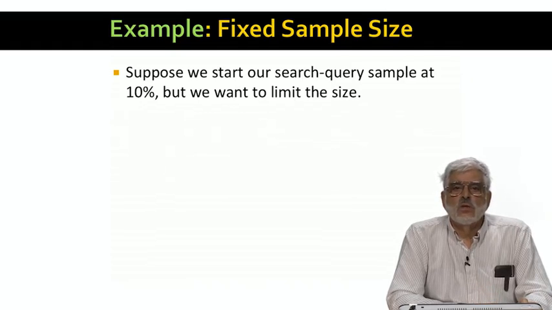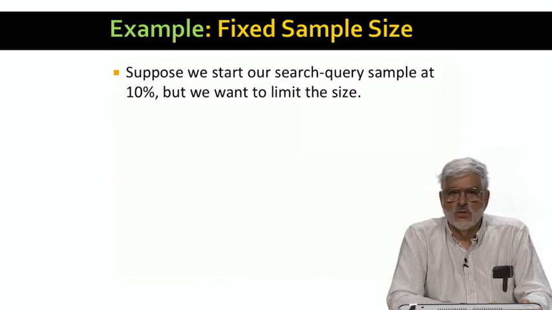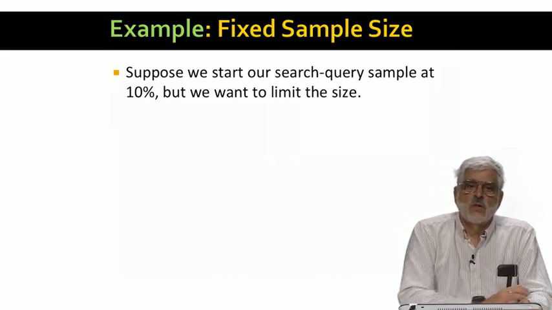So let's rethink the example we've been working with. We still want a 10% sample of the search queries, but we realize that eventually even the 10% sample will get too large. So we want the ability to throw out of the sample some fraction of its members. And of course, we want to do it consistently so that if one occurrence of a query is tossed, then all occurrences of that same query are tossed.